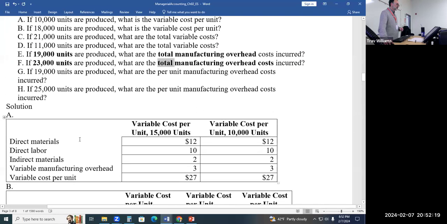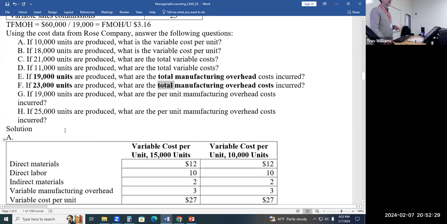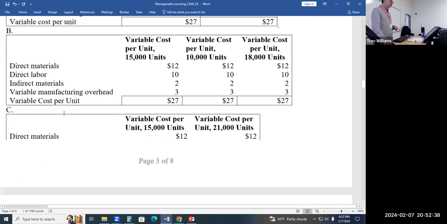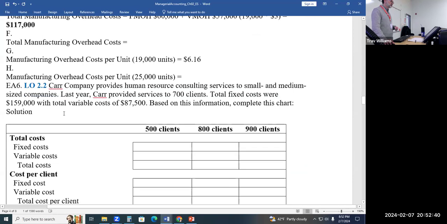We already know the fixed is $60,000, right? How do we figure out the variable part? Right? Multiply the variable cost by the units produced. Yeah, 23,000 units times $3. The same thing we did down here.